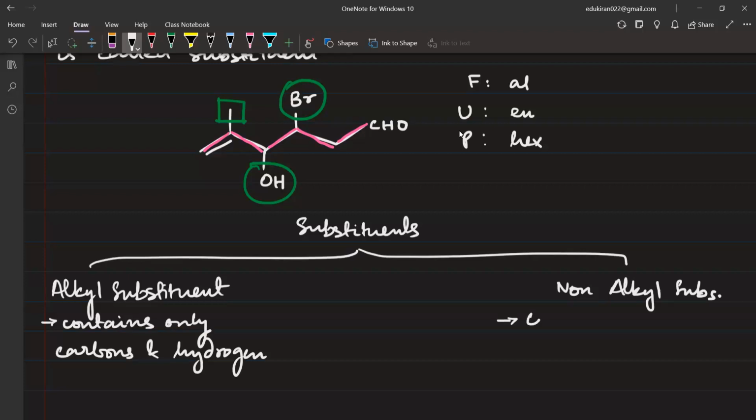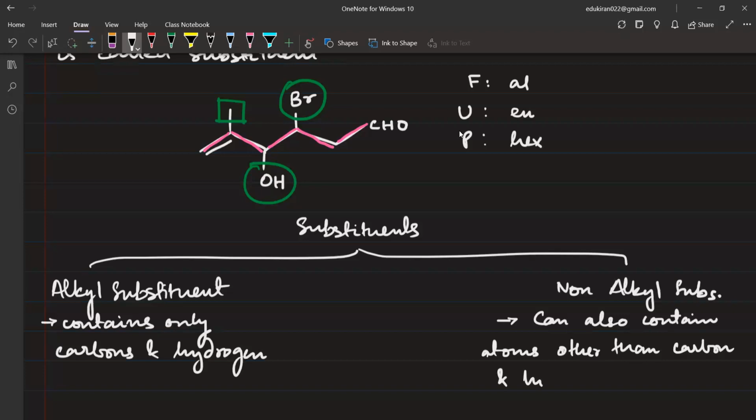Non-alkyl can also contain atoms other than carbon and hydrogen. Now, first of all, I will look at the alkyl substituent.